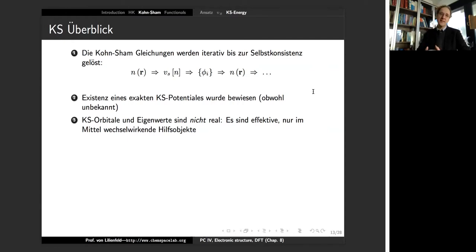One thing is, for instance, you can apply unitary transformations to all your molecular orbitals, and the eigenvalues and the energies will not change. Okay, so your orbitals can change in shape, but your system stays the same.